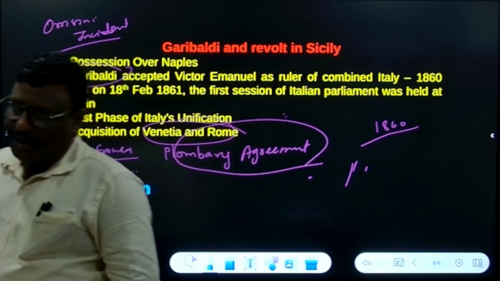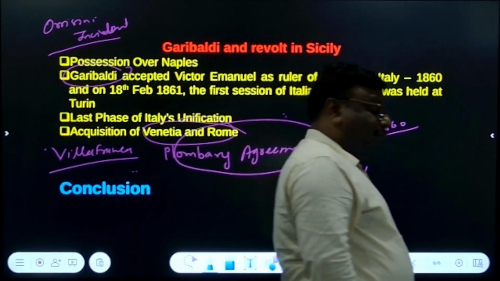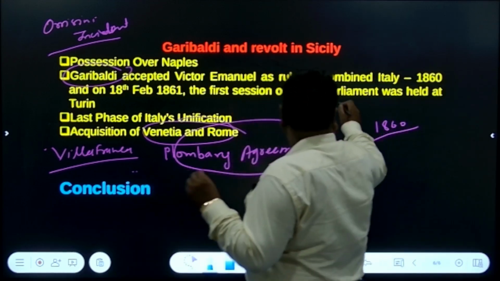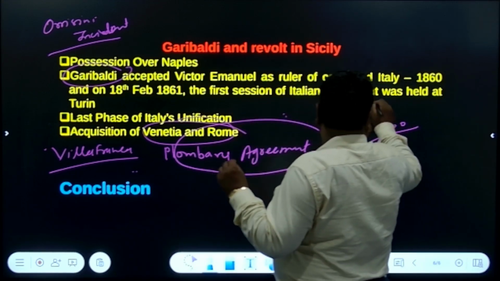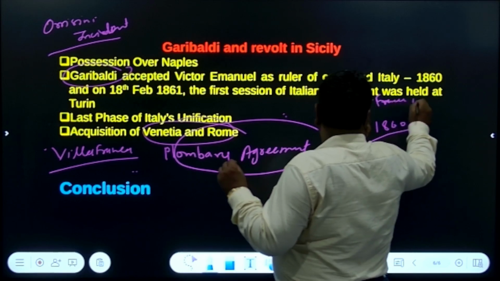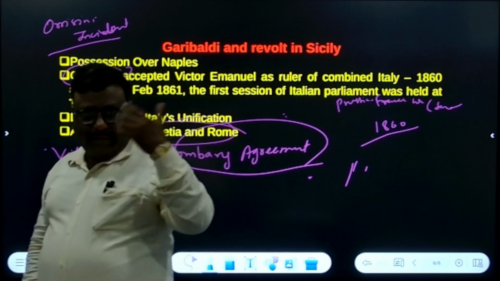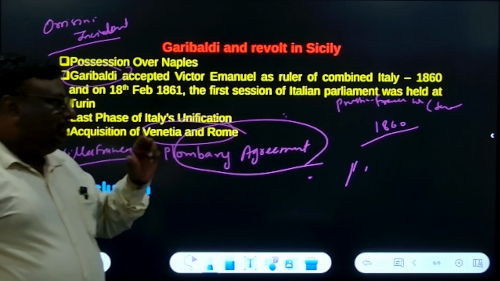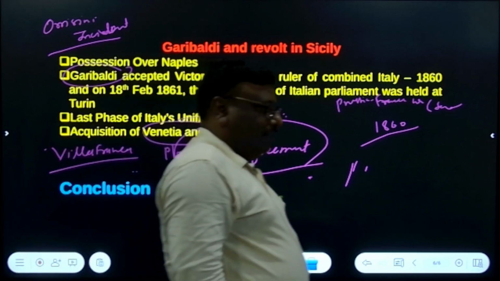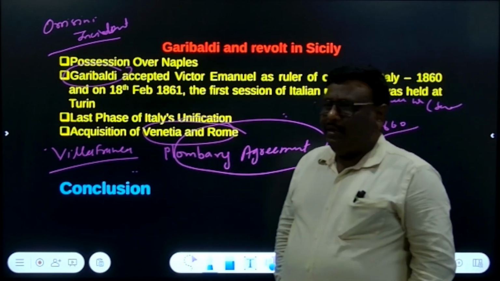Now Rome remained. In the third, the Prussia-Franco War, or you can say the Sedan War, when Prussia attacked France, France had to withdraw its army from Rome, and Rome was also merged with Italy.